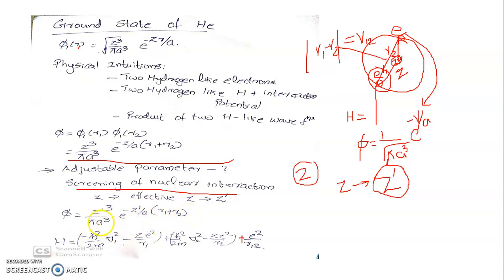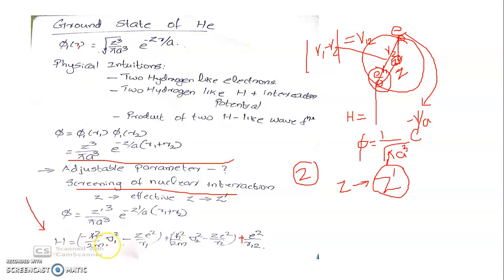If we have modified or transformed the wave function from one containing Z to another one containing Z prime, we require to have a similar modification for the Hamiltonian also.